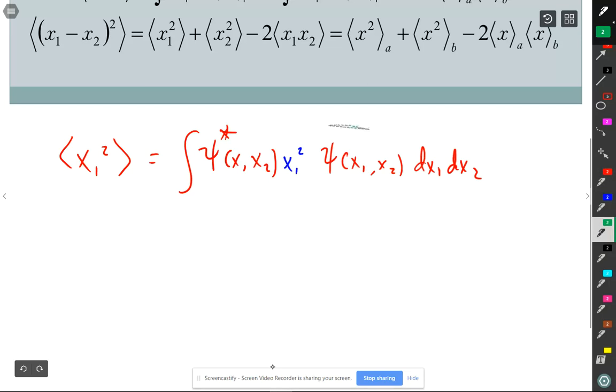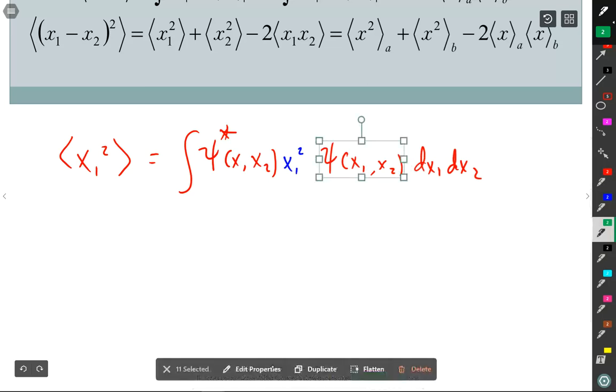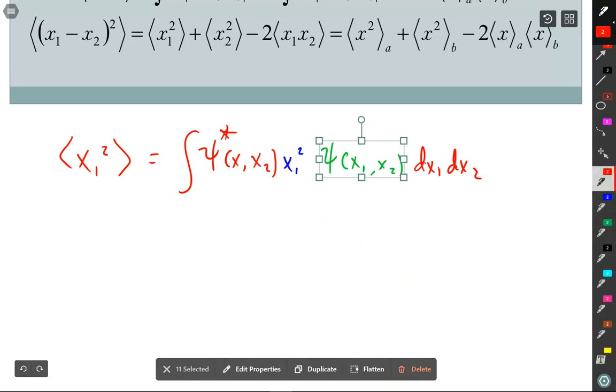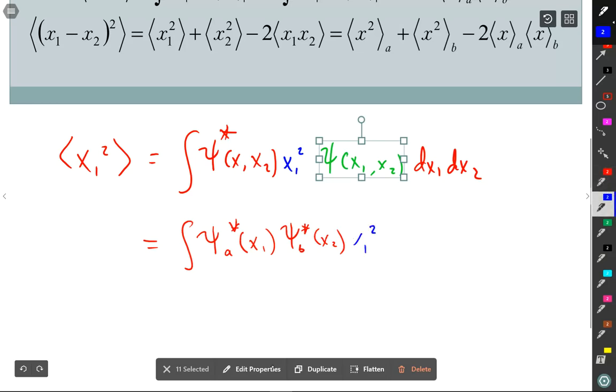Let me get this so it's easier for the next step. So there I've expanded out.